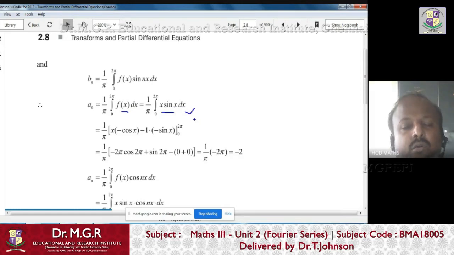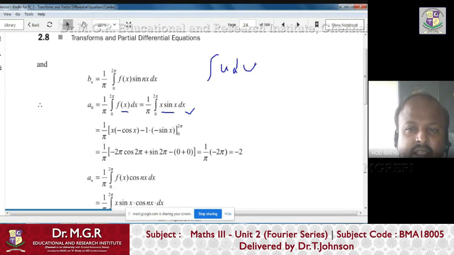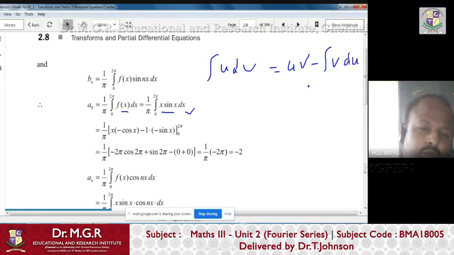For that, you know one methodology called integration by parts: integral u dv is equal to uv minus integral v du. Even in school or in first year, you may have studied this.